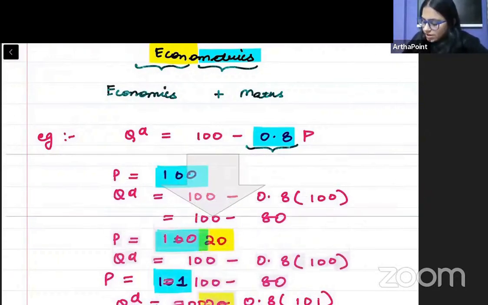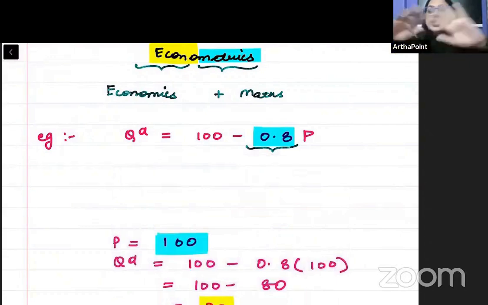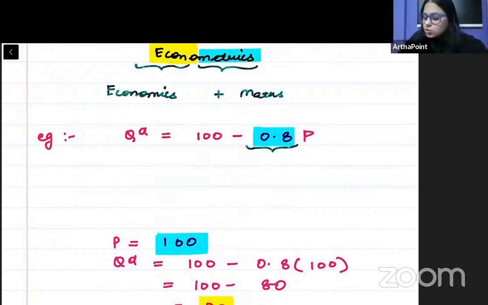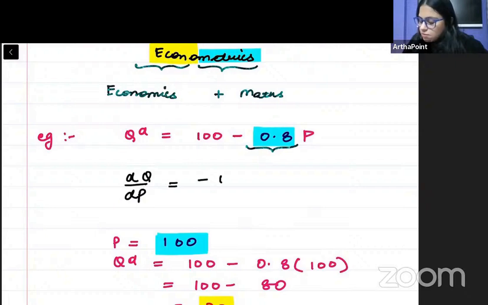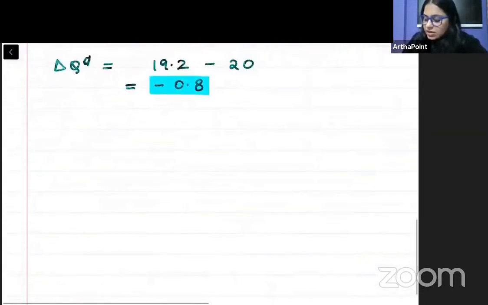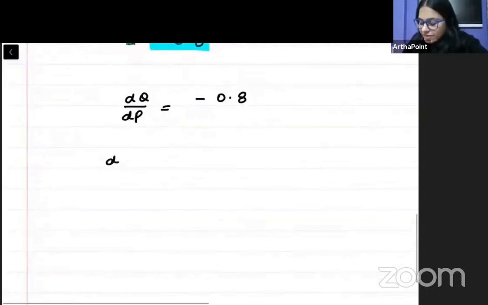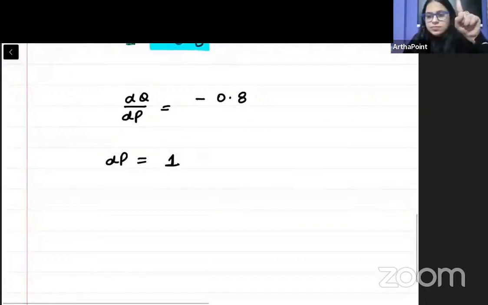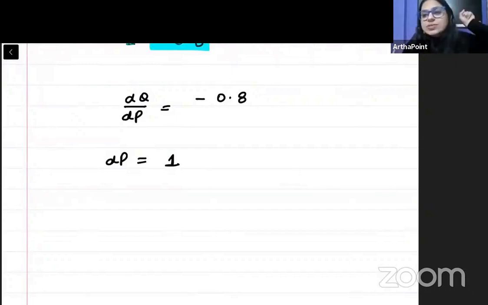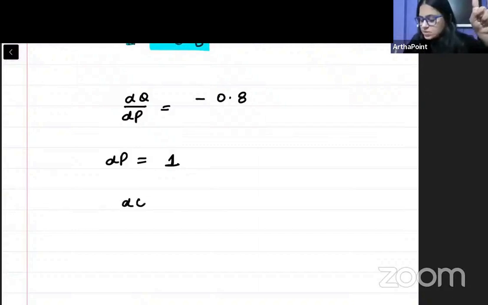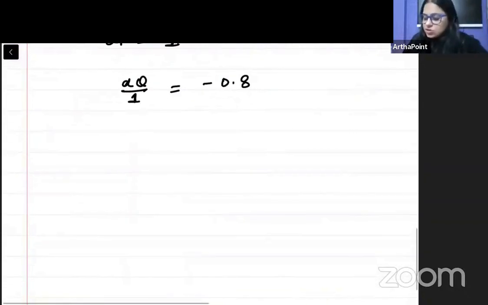Suppose I do a differentiation. I will get dq by dp is equal to minus 0.8. I am getting dq by dp is equal to minus 0.8. And if I keep dp at 1, that means price changes by 1, just put dp as 1, you will get this as minus 0.8.